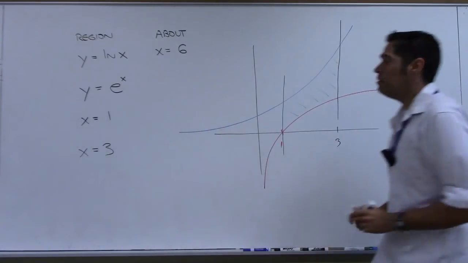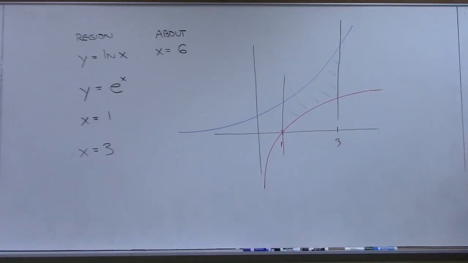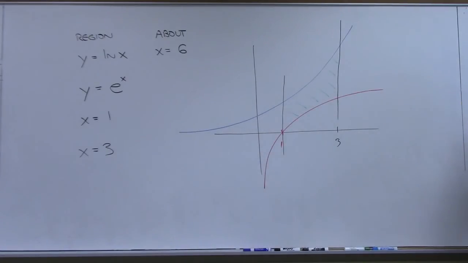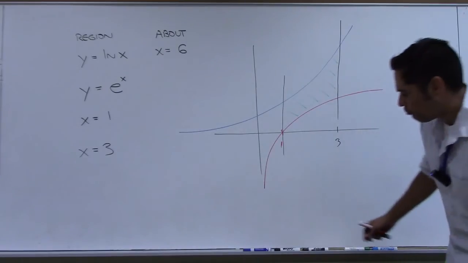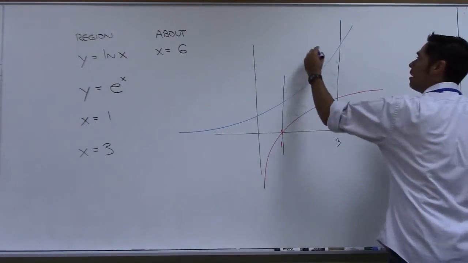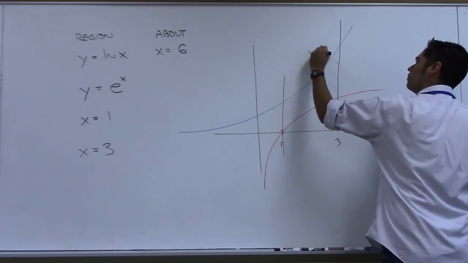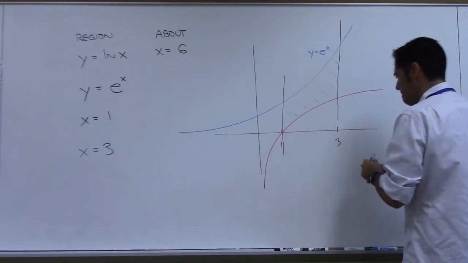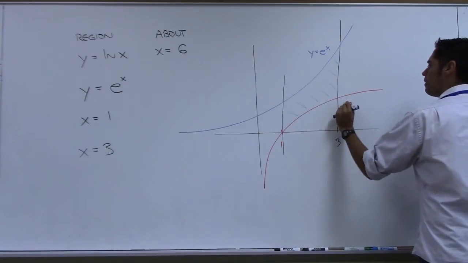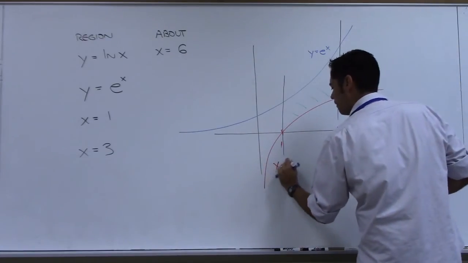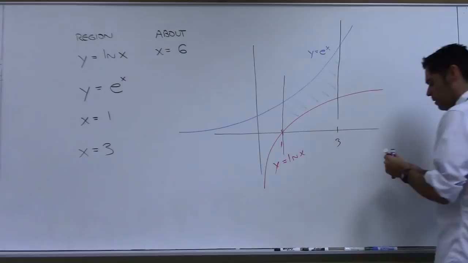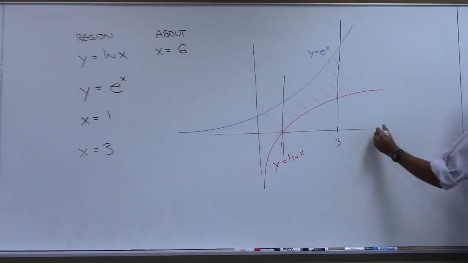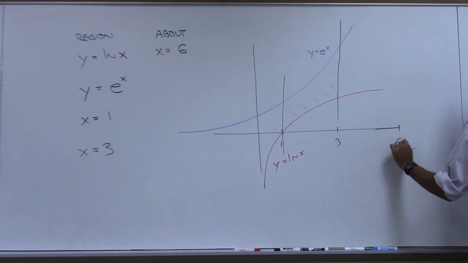Axis of rotation. I'll give you a second to catch up. While you're doing that, I'll label these things. I draw my axis of rotation, which is over here at 6.